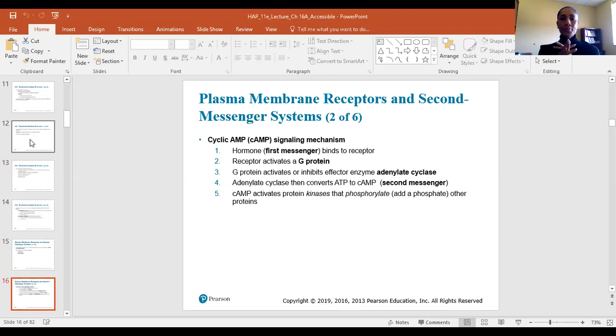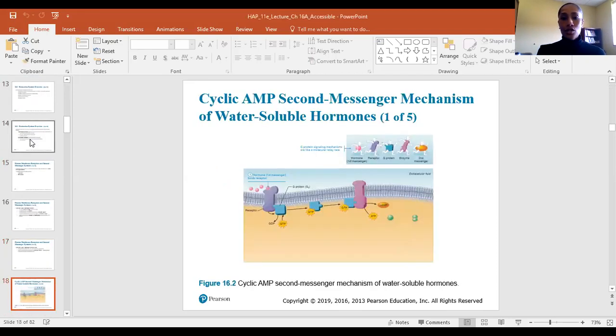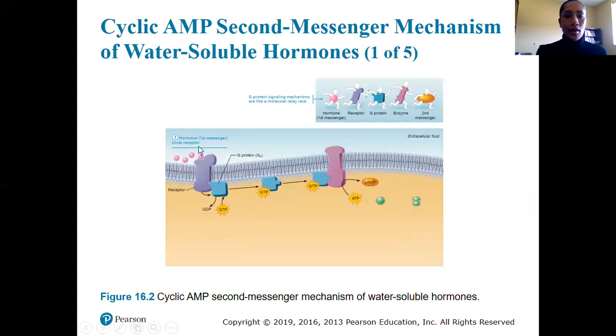With cyclic AMP, our initial hormone is what we call our first messenger, and it will bind to a receptor on the outside of the cell. I'm going to blow this up so that you can see this. Our hormone first messenger will bind to this receptor located in the plasma membrane, because remember, because we're amino acid based, we cannot readily diffuse through the cell membrane.